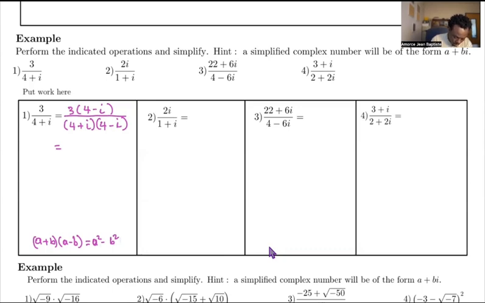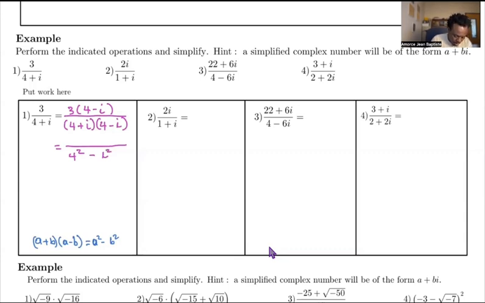So we can write the denominator of this expression as 4 squared minus i squared.